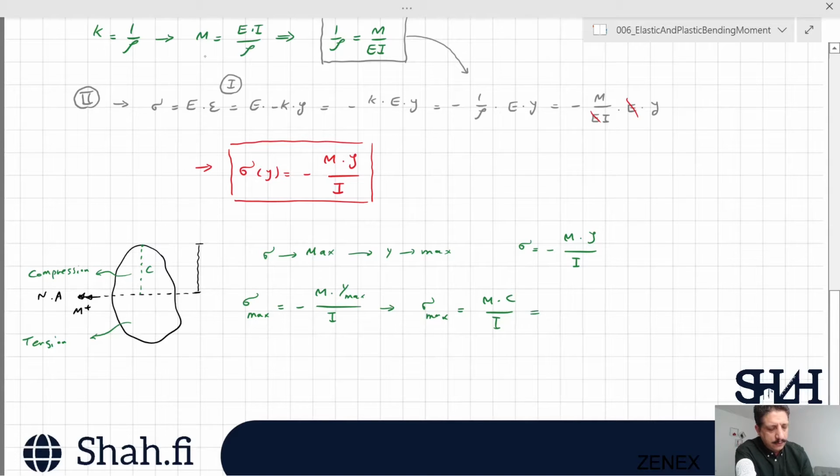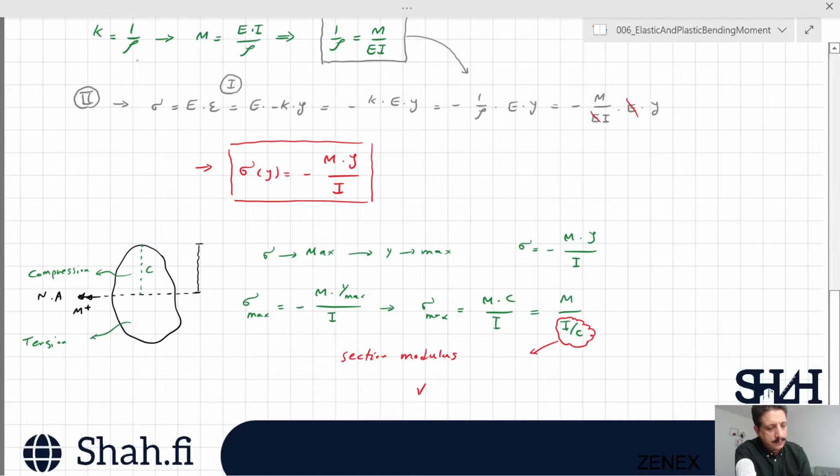Now if I write it down as M divided by I over c, then we have this I over c for a section, which is called section modulus.